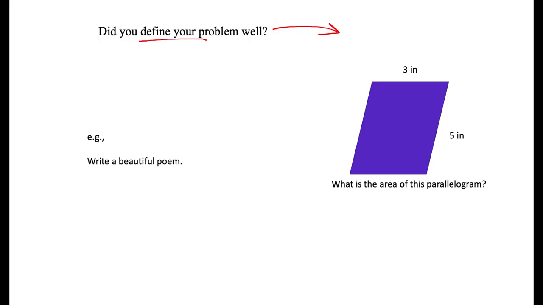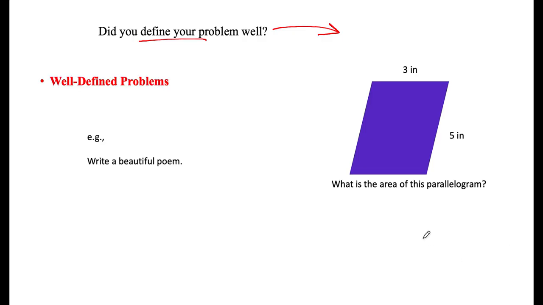That means it's a clear problem, and it can tell if we're getting closer to the solution. And if the problem is ill-defined, if it's not well defined, then that will lead you far away from the solution. Why? Because there are so many possible solutions, and that means your goal is not very clear. Your problem is not well defined.